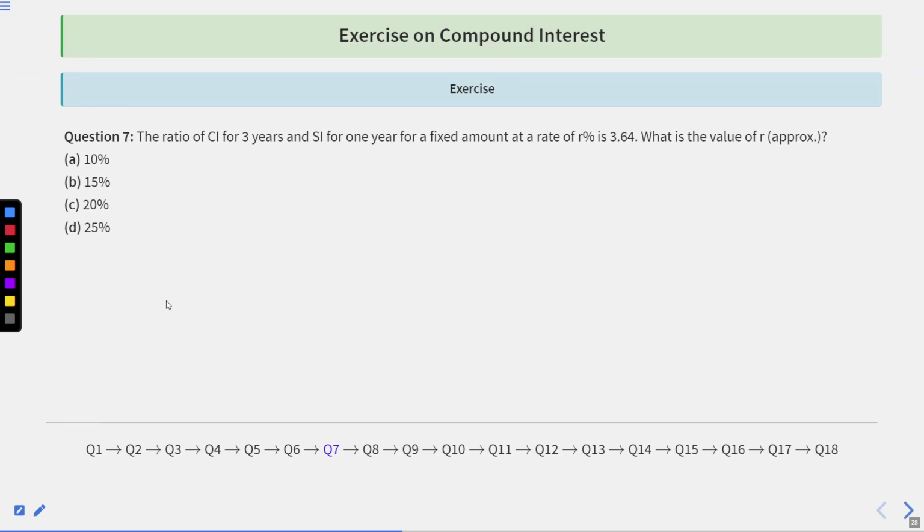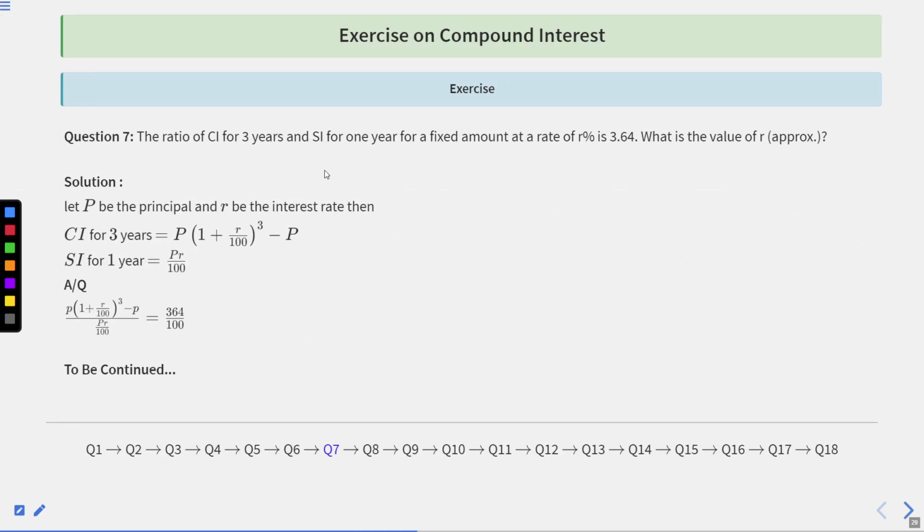Question number 7. The ratio of compound interest for 3 years and simple interest for 1 year for a fixed amount at a rate of R% is 3.64. What is the value of R approximately? So let us have a look at the solution. Let P be the principal and R be the interest rate.